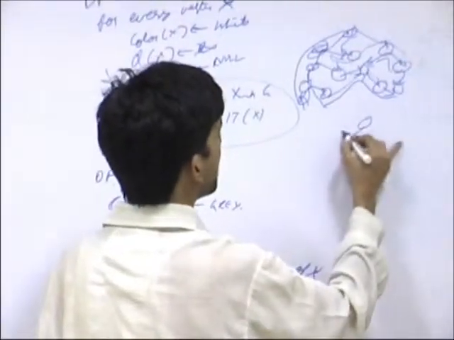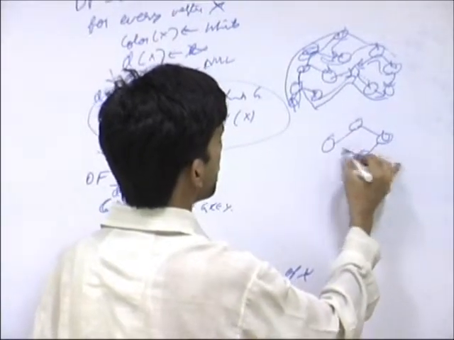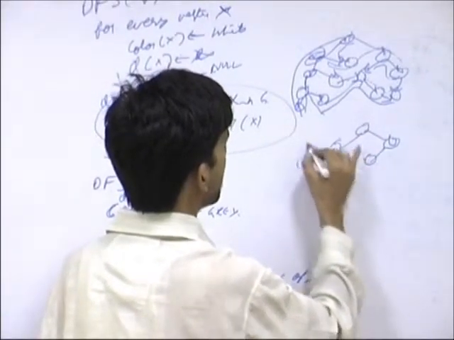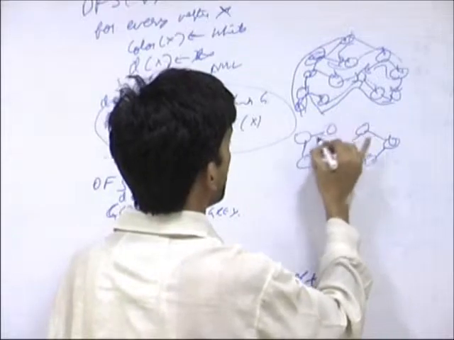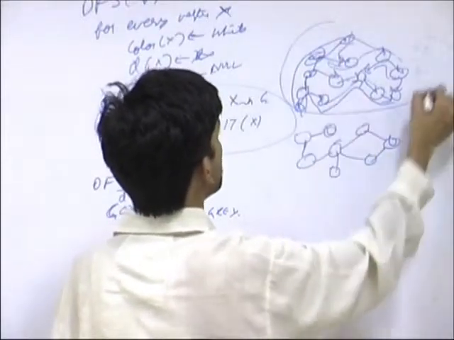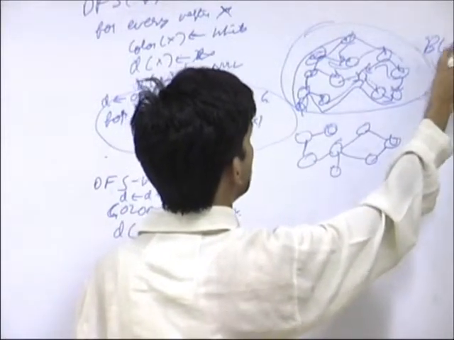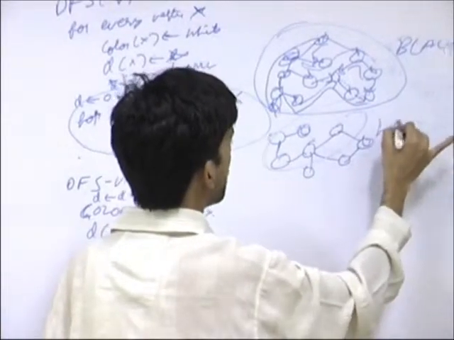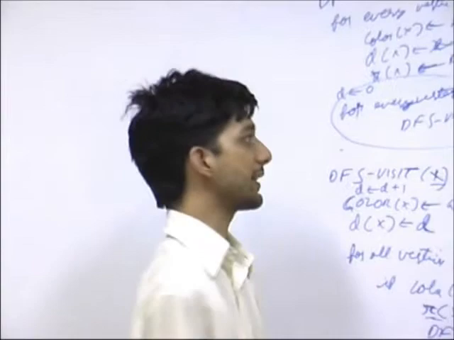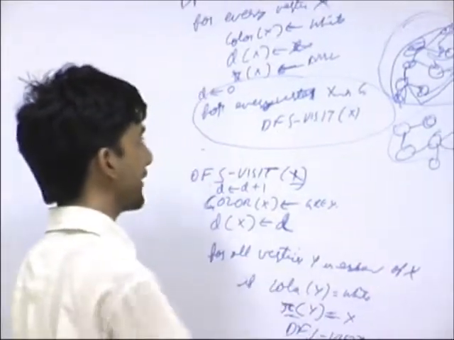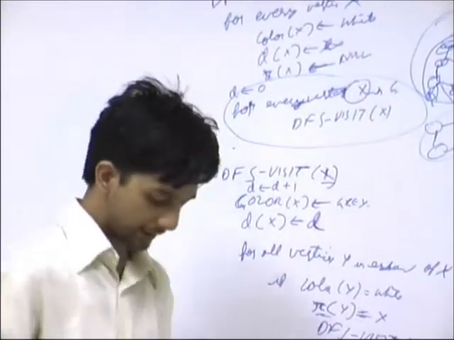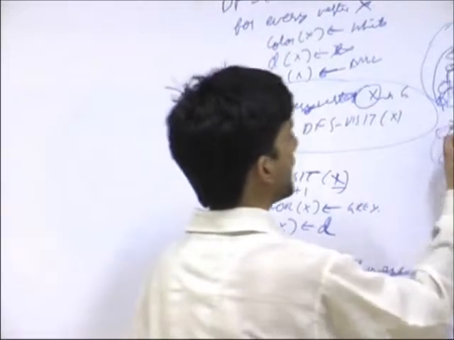But if I have got another subgraph over here that's completely unconnected, what happens at the end of this procedure is that all these nodes are black and all these nodes are white, and therefore I try to find out whether it is possible to get into any vertex over here.